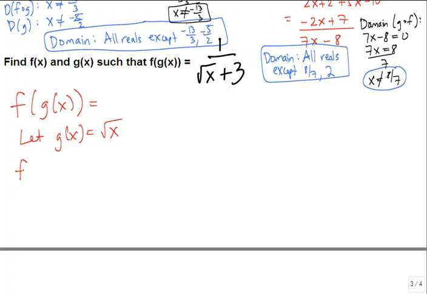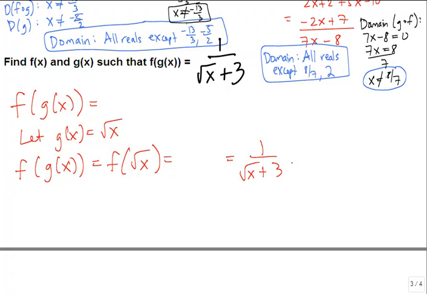So then if I wanted to take f and compose it with g, that means I want f evaluated at square root of x. So what would the function for f have to look like so that when I plug in square root of x, the answer gives me 1 over square root of x plus 3 back again? Well, think about it this way.